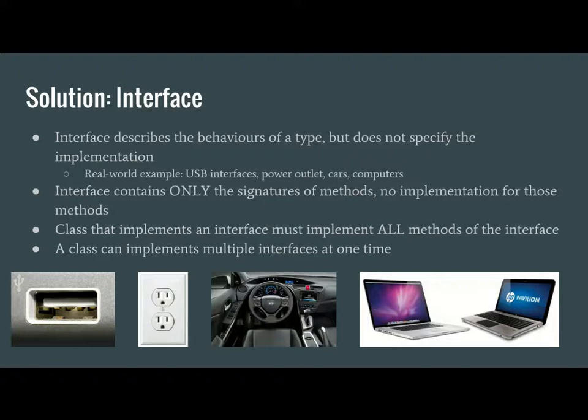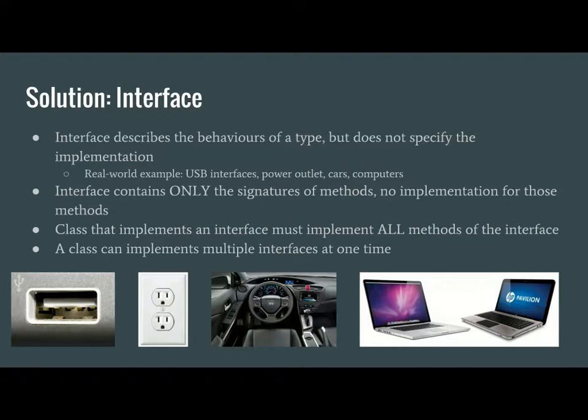A class that wants to implement an interface must implement all the methods that are specified in the interface. And the biggest thing is a class can implement multiple interfaces at one time. By implementing multiple interfaces at a time, you kind of mimic the inheritance.